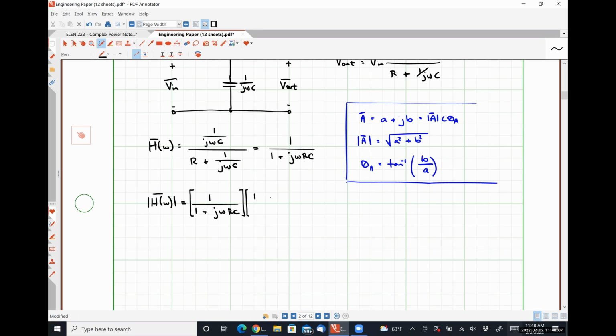So 1 minus j omega RC over 1 minus j omega RC.